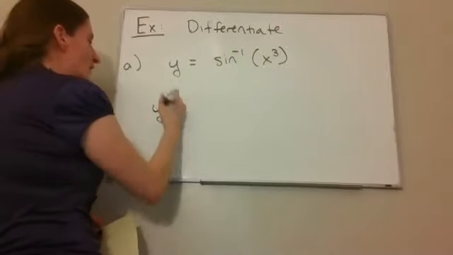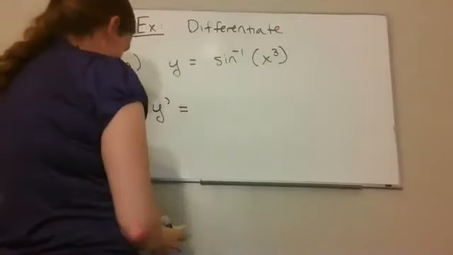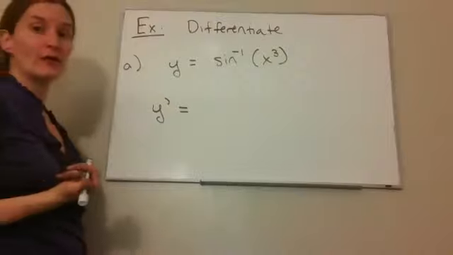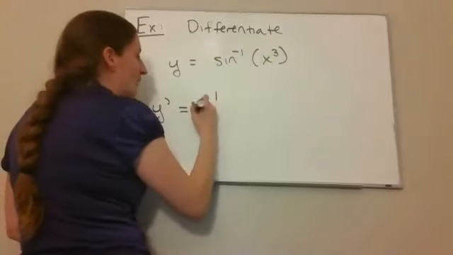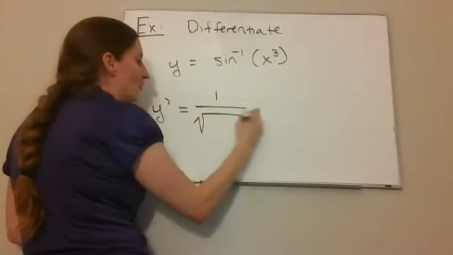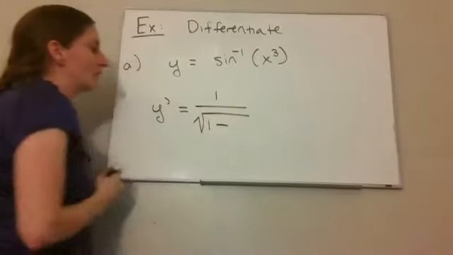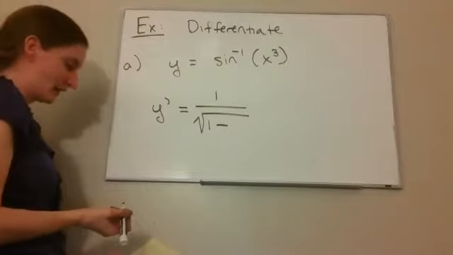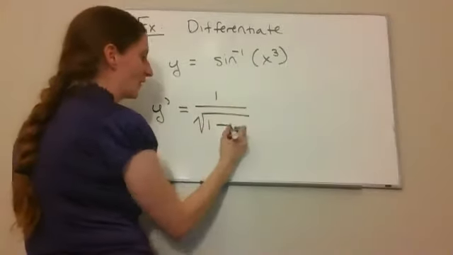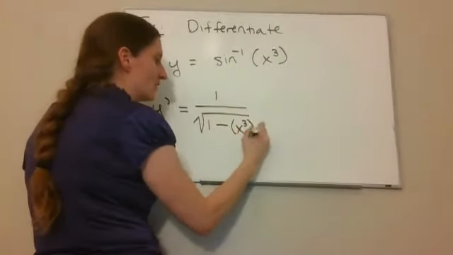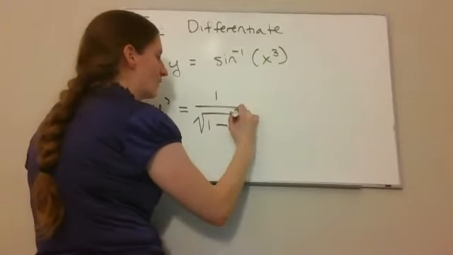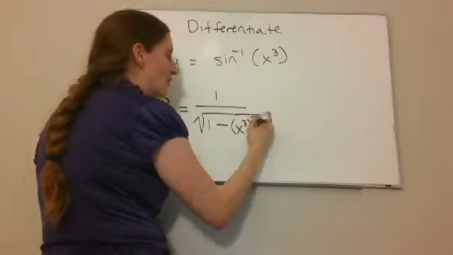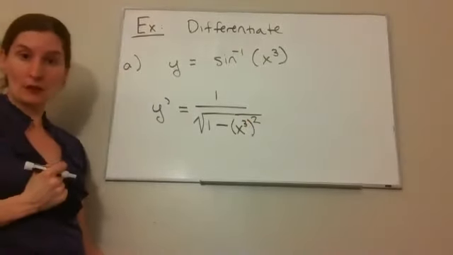The derivative of an inverse sine of x was 1 over the square root of 1 minus x squared. So I'm going to do the same exact thing, the same formula, except instead of where I had an x, I'm now going to have x to the third. So I get 1 over the square root of 1 minus x to the third squared.